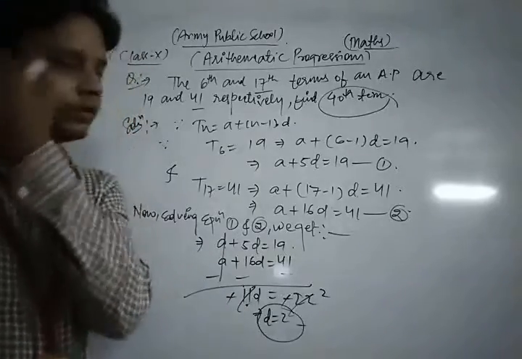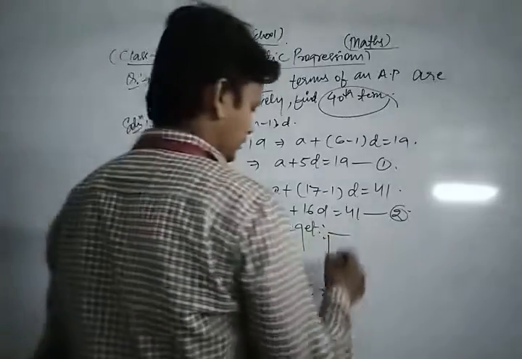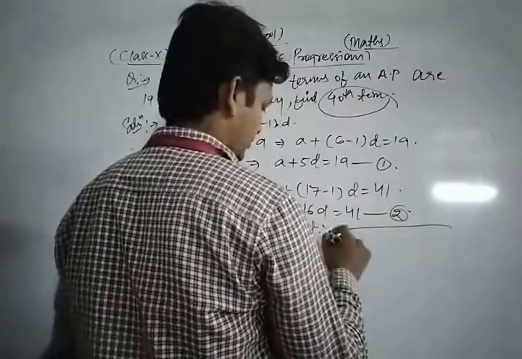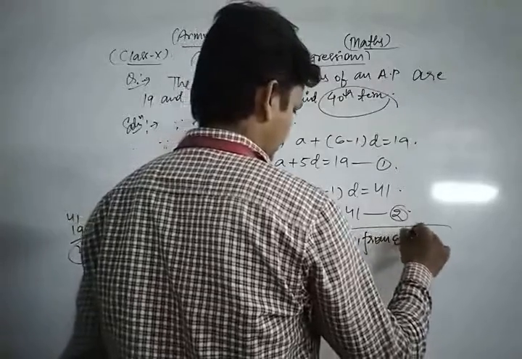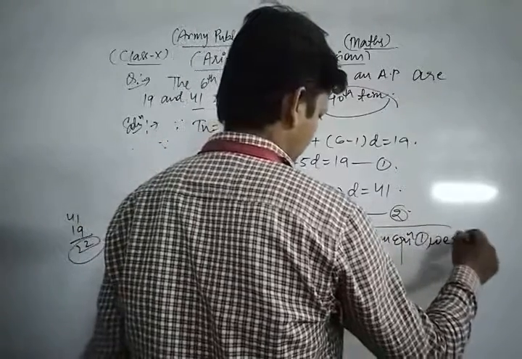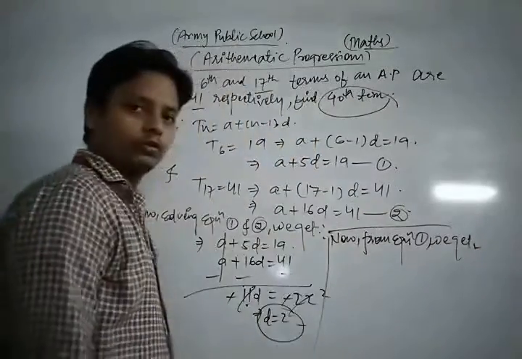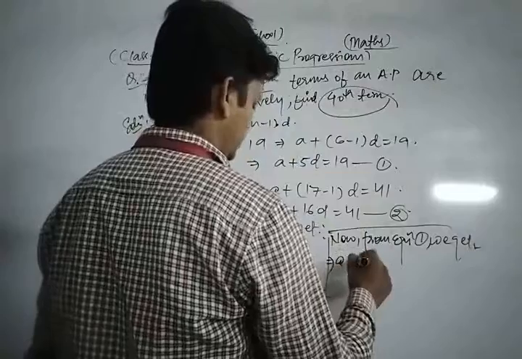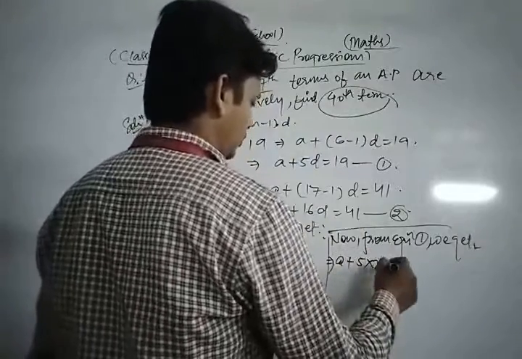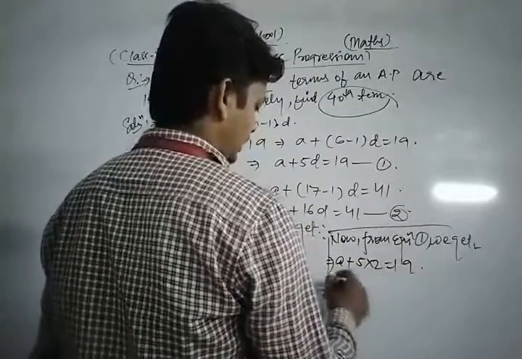Now from equation 1, A plus 5 into D, D is 2, is equal to 19.